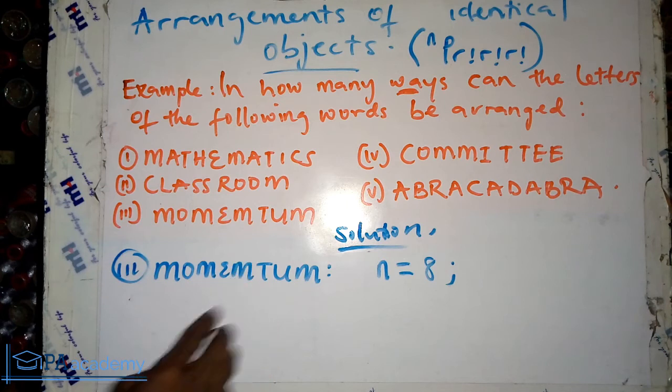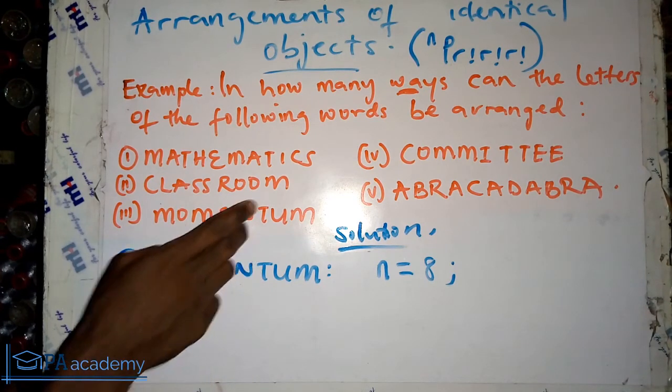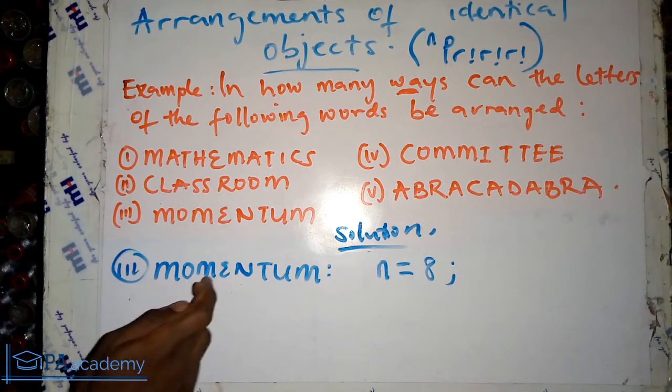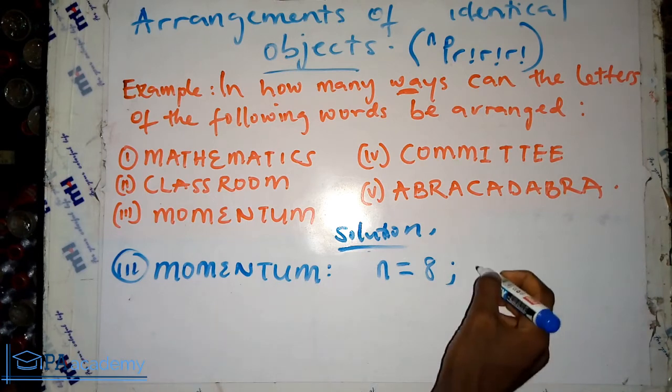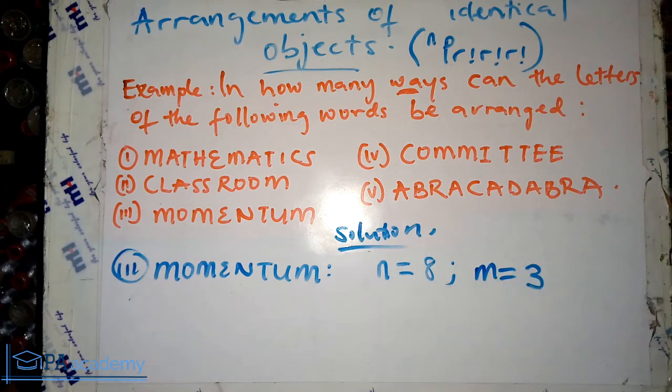I did a little correction: I wrote m here earlier, but it's supposed to be n. So for momentum, the only repeated letter is m, and the m is appearing 3 times, that's 1 2 3. So our m is 3.